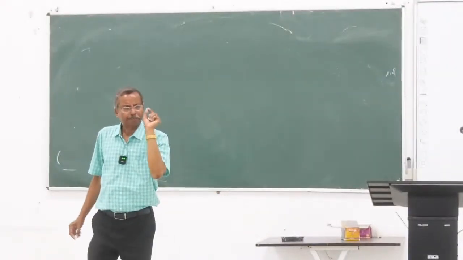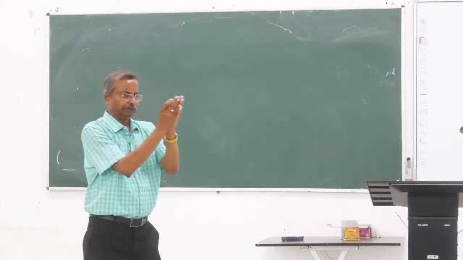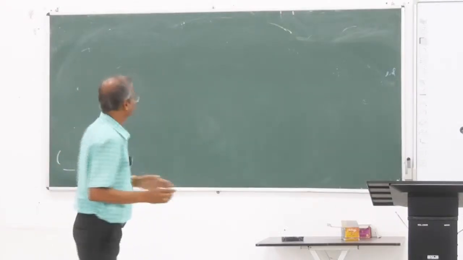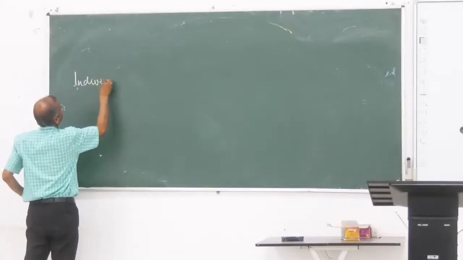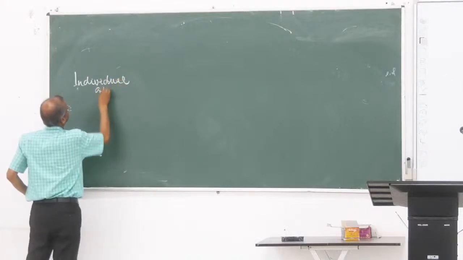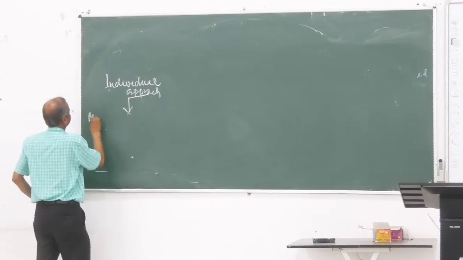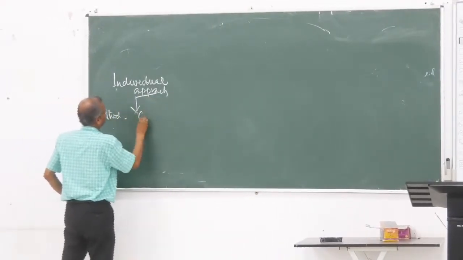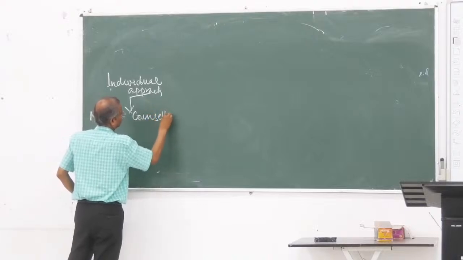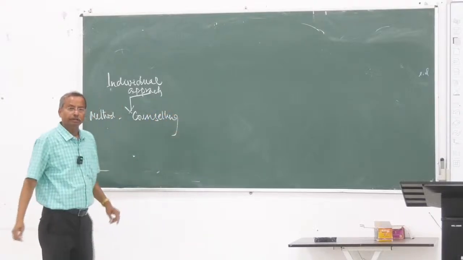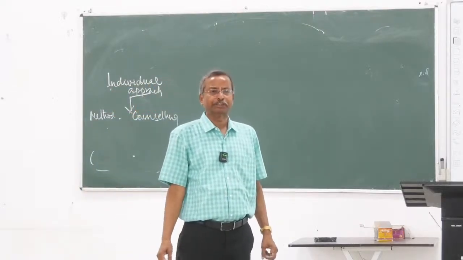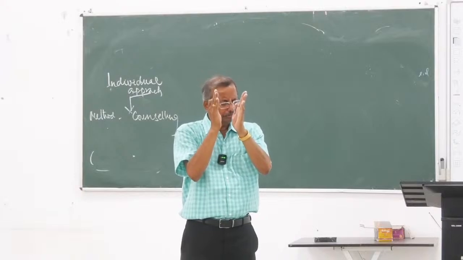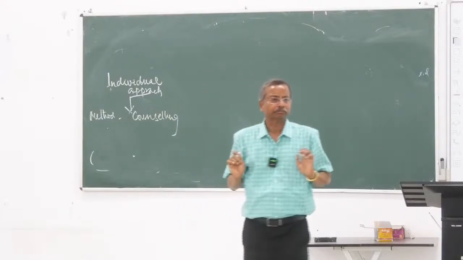Usually there are 3 approaches. Again, I am repeating: individual level, family level, and community level. In the individual approach, what is the method? Counseling. We take counseling as a method of intervention when the topic is too sensitive or complicated.